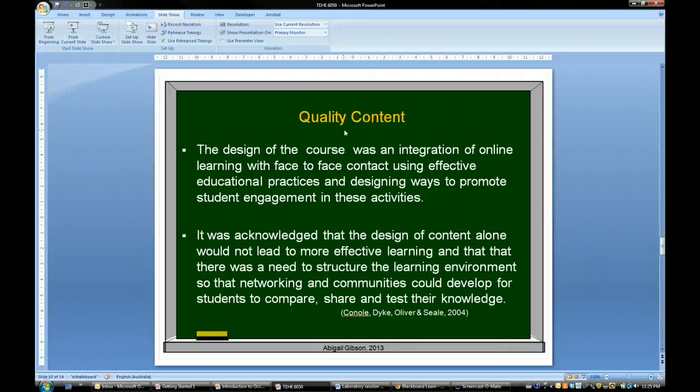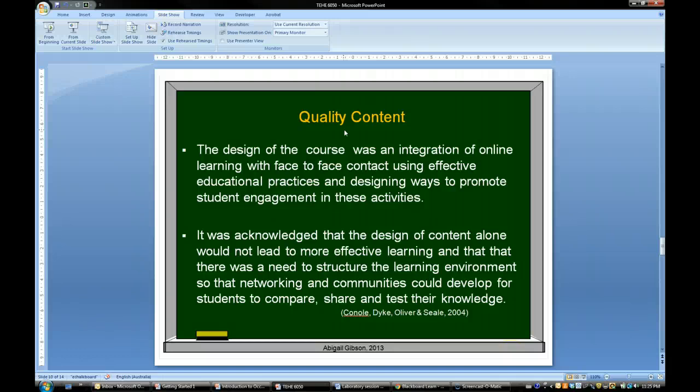In looking at content, there was an acknowledgement that just embedding good content in the course doesn't necessarily lead to students engaging with that content. So there was also a need to structure the learning environment in a way that students would engage with it.